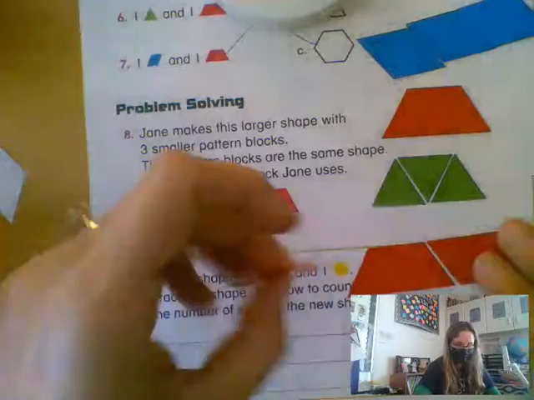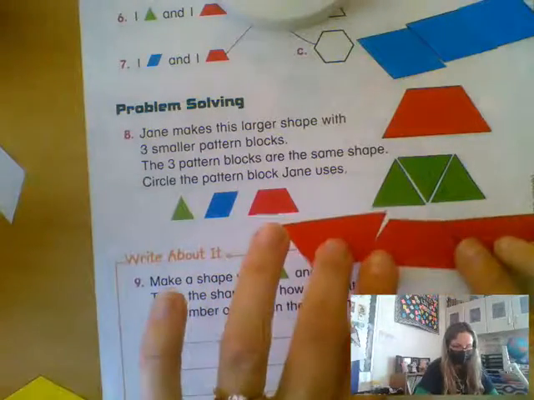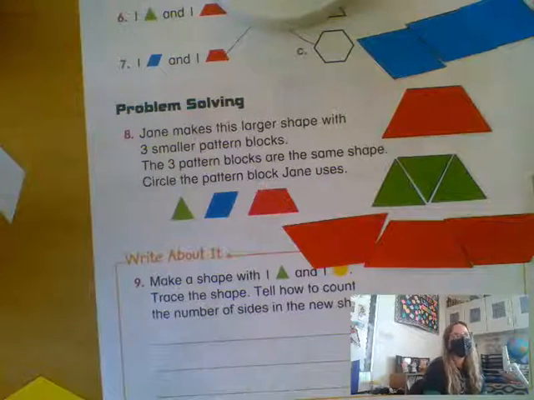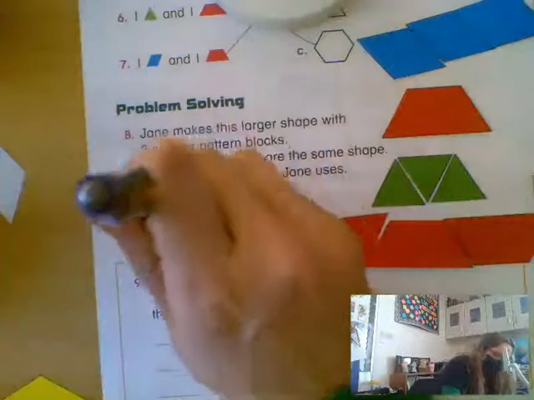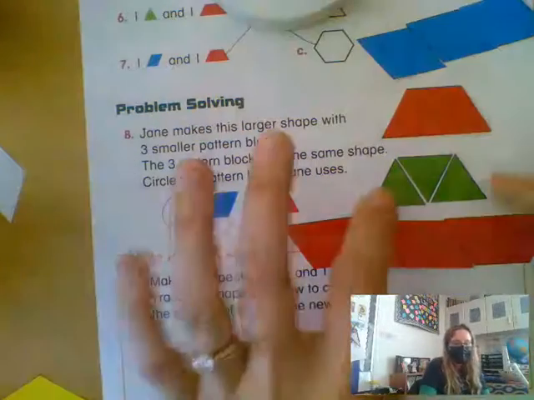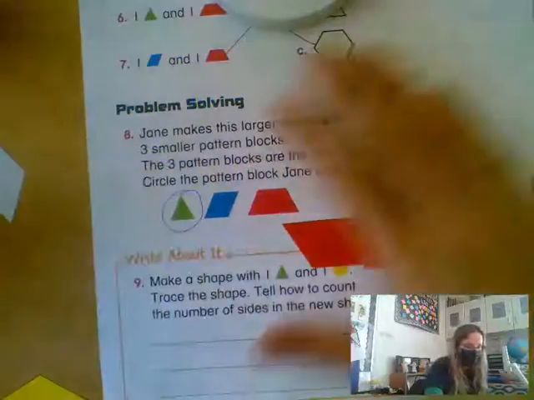Which one is it, Emily? Triangle. So go ahead and circle the triangle. 3 triangles make a trapezoid. All right?